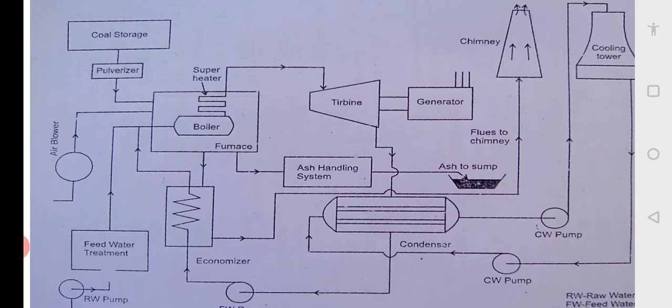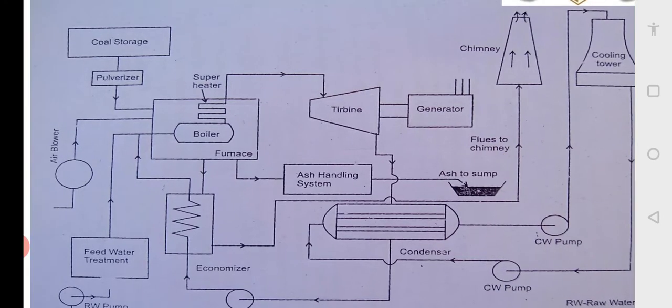Then you have got ESP, electrostatic precipitators, which remove the dust in the flue gases. And nowadays for emission norms, you have got a flue gas desulfurization unit to remove the sulfur from the coal. Coal also consists of some amount of sulfur, which after burning goes out as sulfur dioxide, so that is removed.